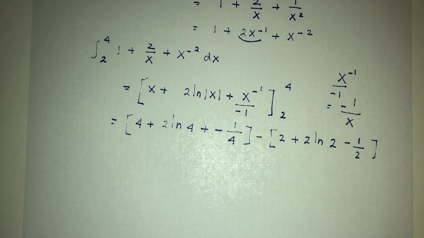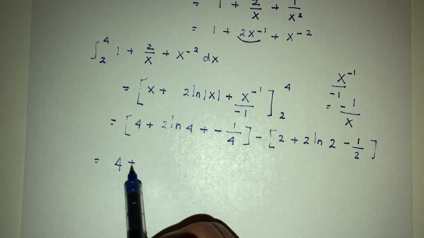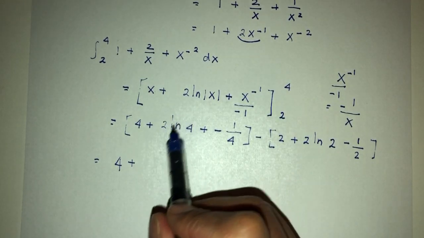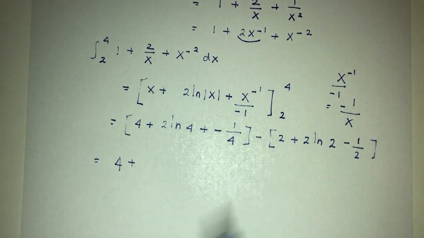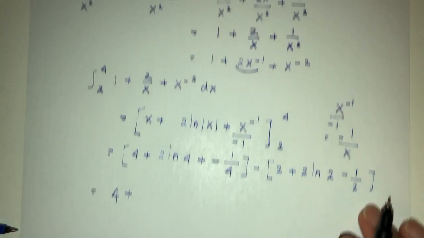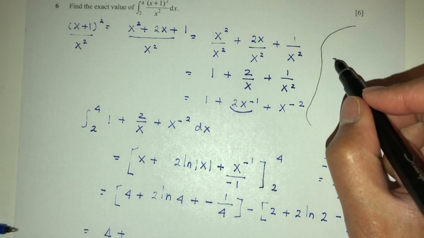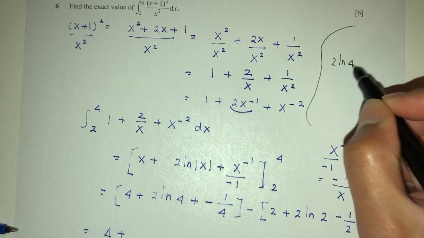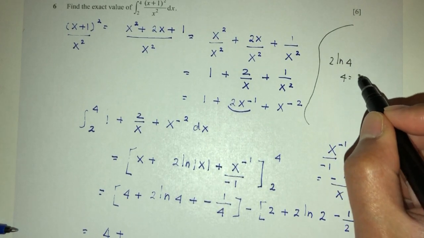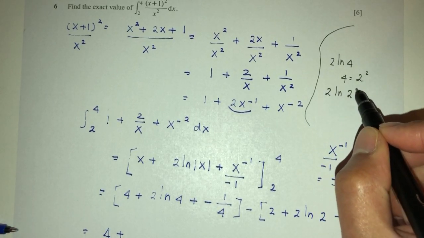So one by one, let's simplify. That will be 4 plus, so this can be simplified to what? Let me write this down here: 2 ln of 4. I know 4 is 2 to the power 2, so I will have 2 ln of 2 to the power 2.